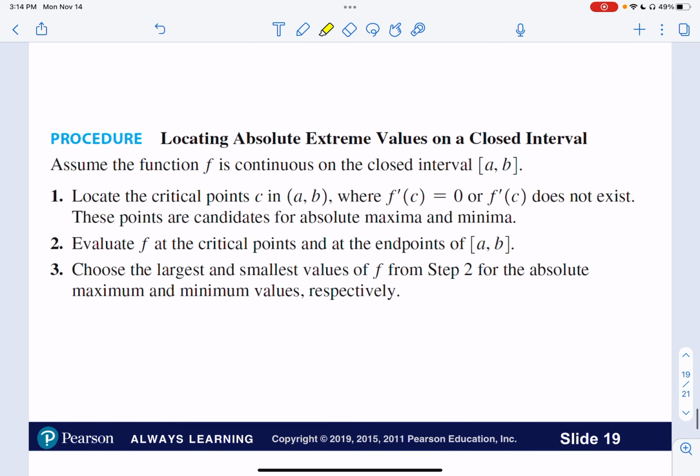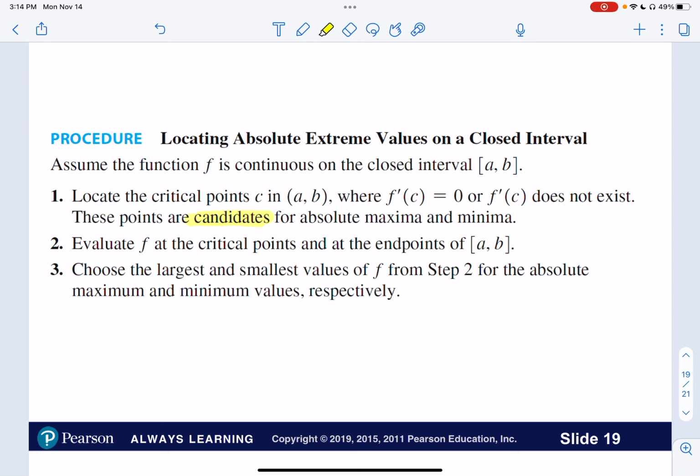So the procedure for locating absolute extreme values on a closed interval: assume the function is continuous on the closed interval [a, b]. Locate the critical points c in (a, b) where the derivative of f at c is 0 or it does not exist. These points are candidates, just candidates, for the absolute maximum and minimum.